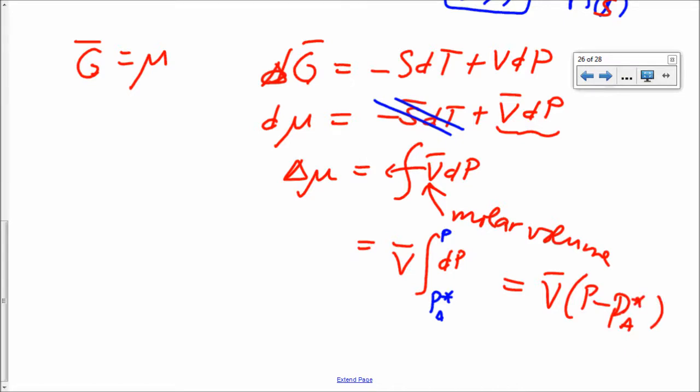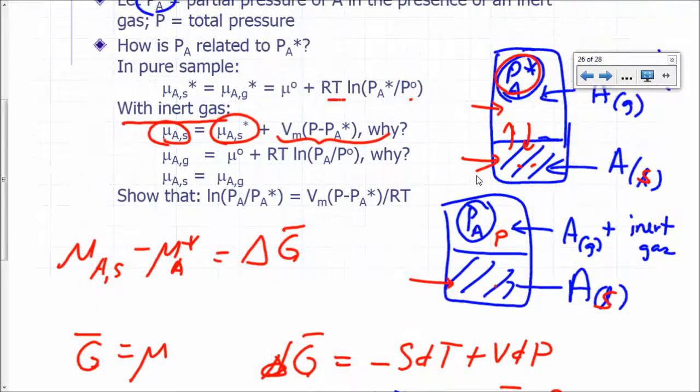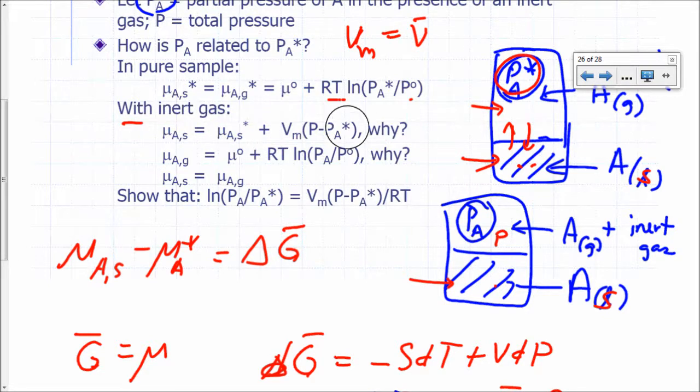And that's what we have up here. V bar is the molar volume, so V sub m is the same thing as V bar. All right, so we've established that.